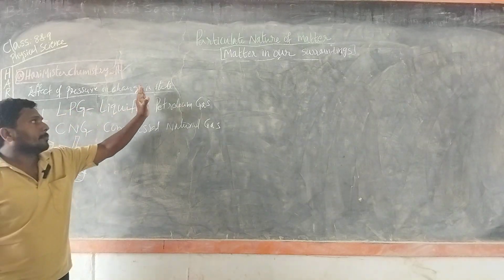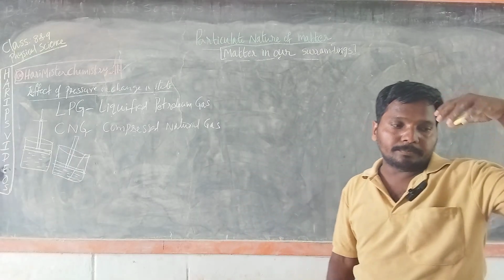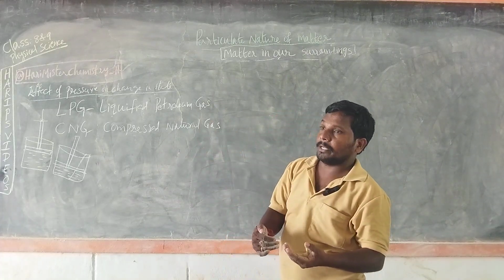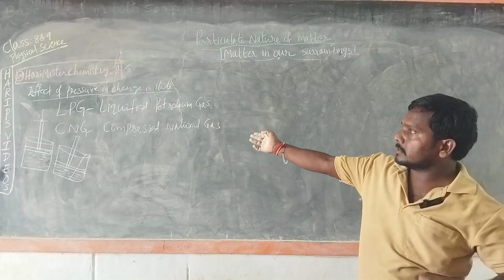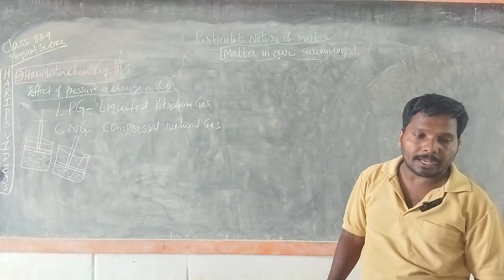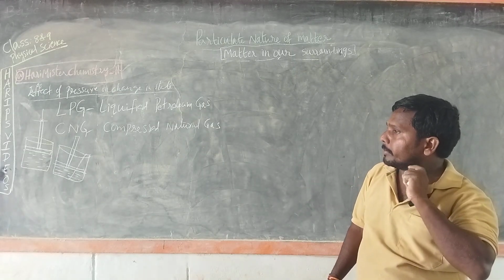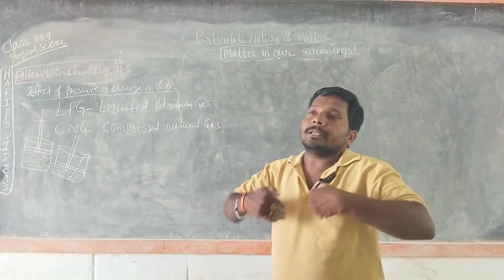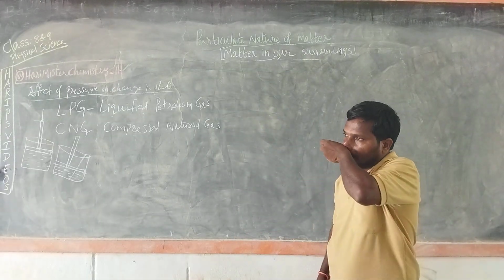Similarly, petroleum gas, when we apply pressure by reducing the temperature, is converted to liquid, which we call liquefied petroleum gas. Similarly CNG, compressed natural gas. On compression, pressure increases, volume decreases, temperature decreases, and then there will be a change in the state.